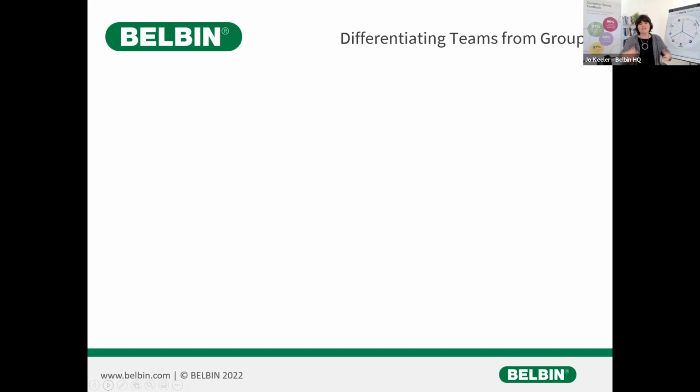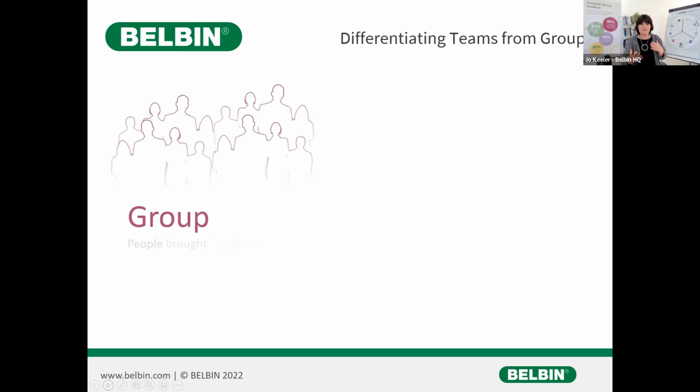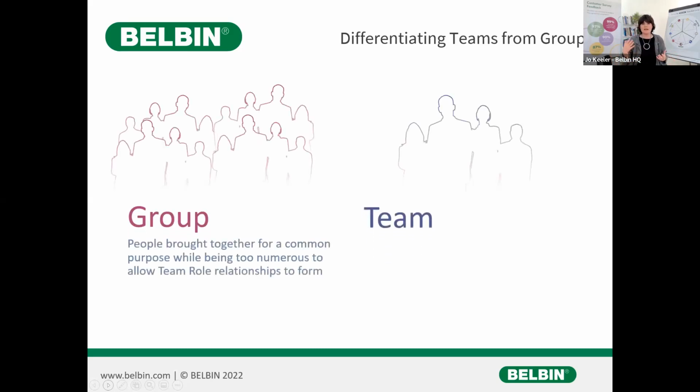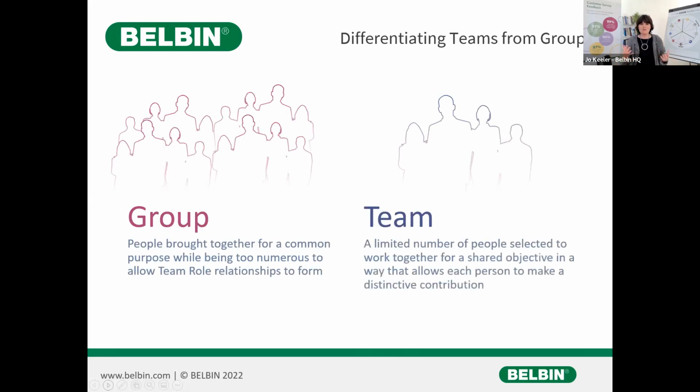It's always really easy just to add more people, but by adding more people, you're not necessarily making the team more effective. So we're looking here at the differences between a group and a team. So make sure that when you are doing it, you keep in mind the numbers. Are you looking for group work where you're dictating more to a group, whereas a team is more interactive? Really make sure that you're not just adding people.